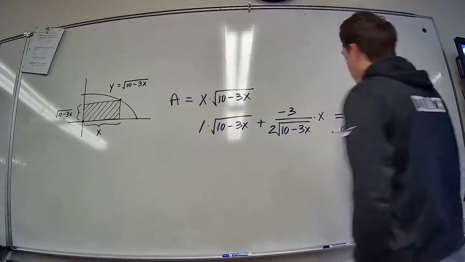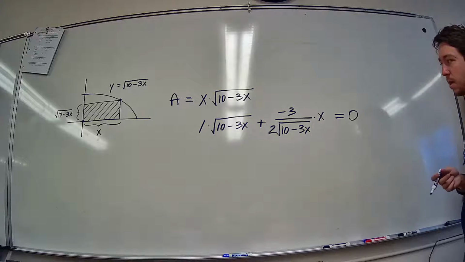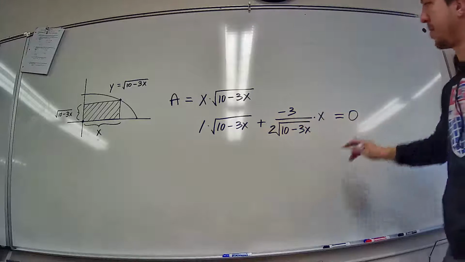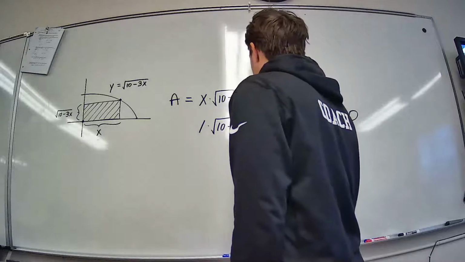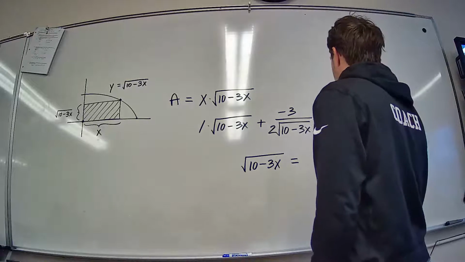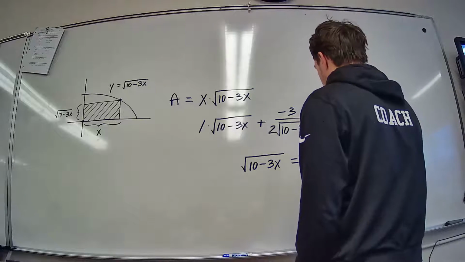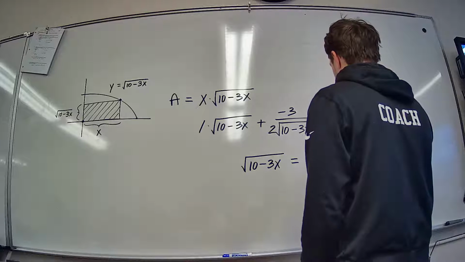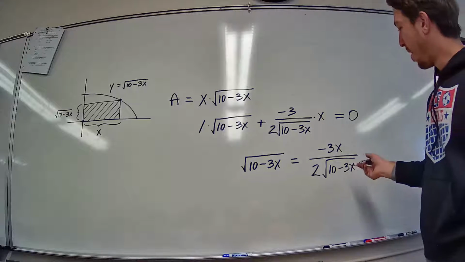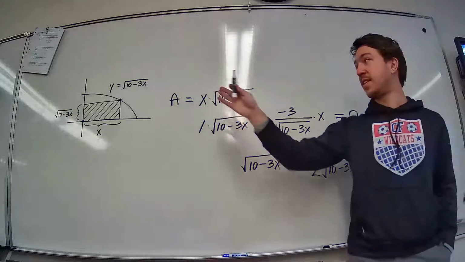Set that equal to 0. Do a little bit of algebra. So what we're going to do is probably just move this guy over. Oh, you could try plugging them in. I think it's easier to solve it. I mean, yeah, I guess you could plug these into this area formula and guess and check it.